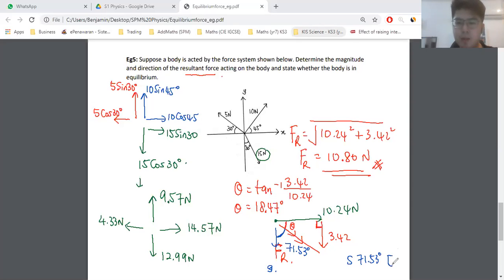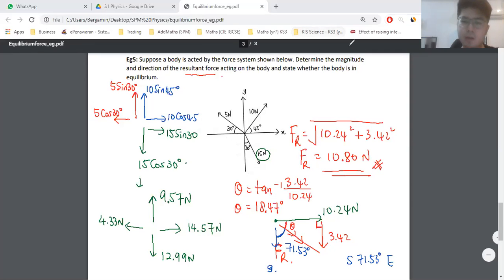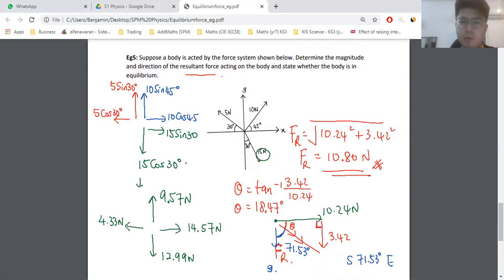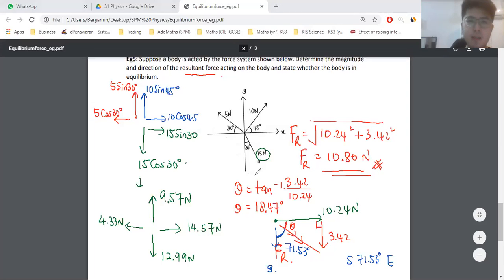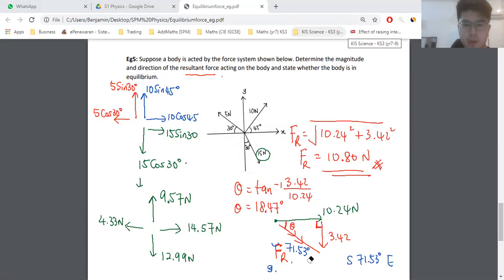Or actually if you show this diagram, it is enough. You don't need to write the 71.53, just show this diagram. You have to show your right angle triangle, then this is 18.5. Then for the resultant force we use a double arrow. Then you label this FR is 10.8.